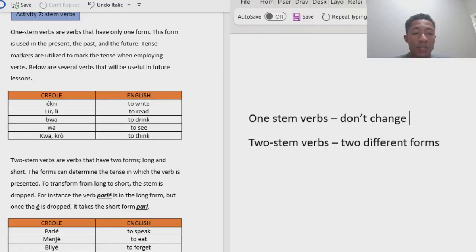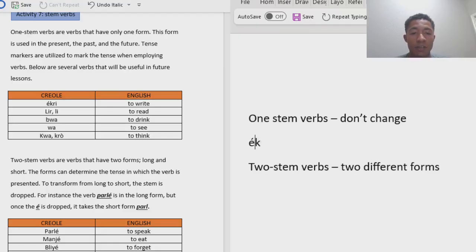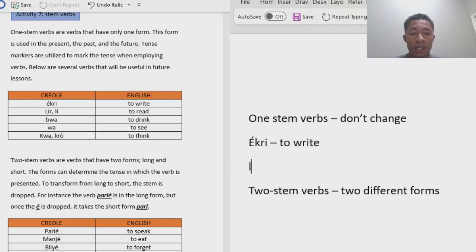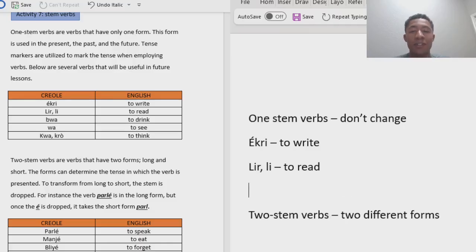So for your 1 stem verbs, like you see on the left, you have écrit, which is to write, lire, or even li. Told you, li can be very ambiguous.